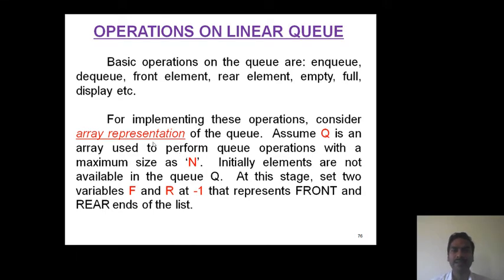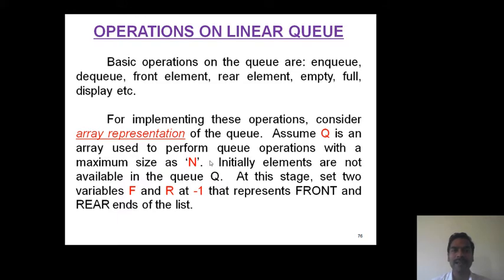So at this stage we consider the static representation of the queue. In static representation it uses the array concept. Hence assume queue is an array which is used to perform queue operations with a maximum size n. So the size of the queue is n.